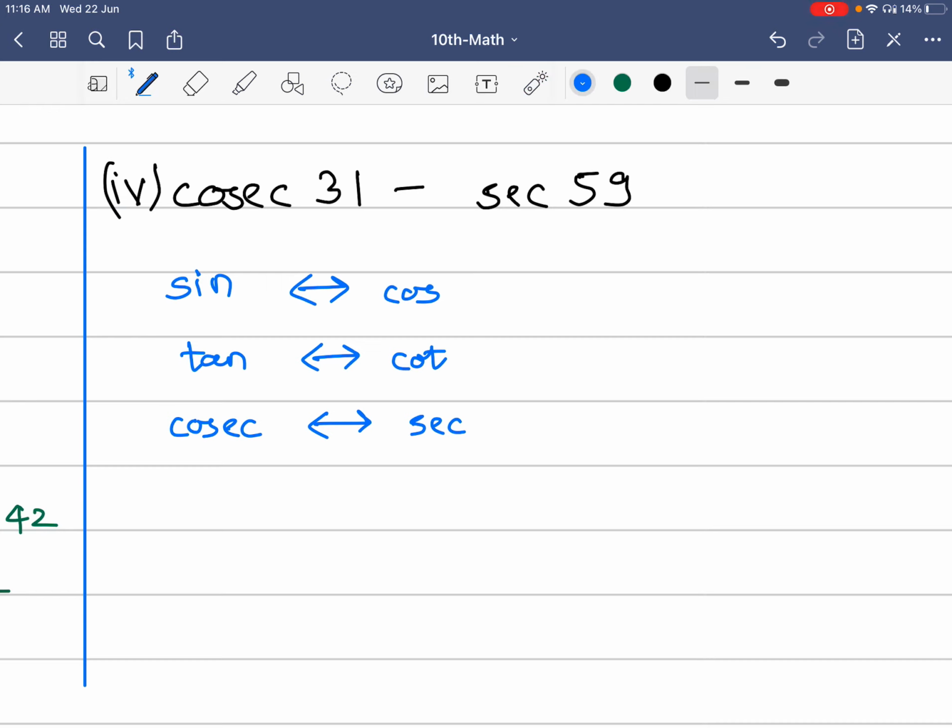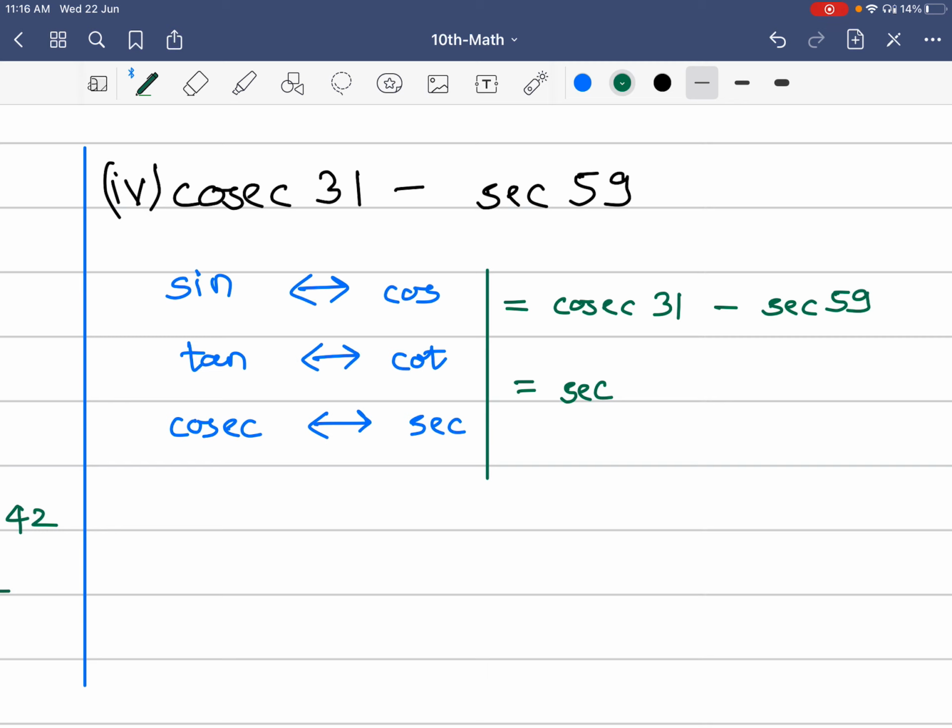So let's start with that. We have cosec 31 minus sec of 59. I can convert cosec 31 into sec, since cosec and sec can be converted using the complementary angle property.